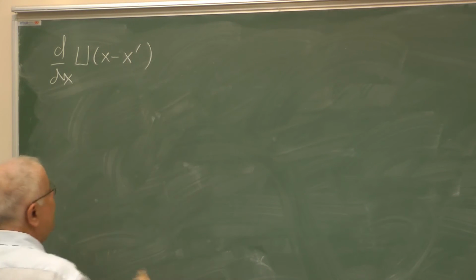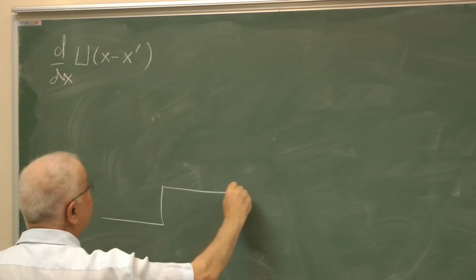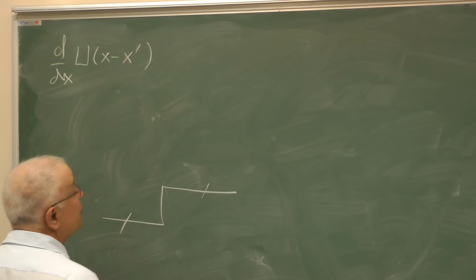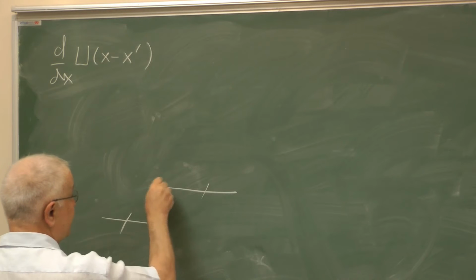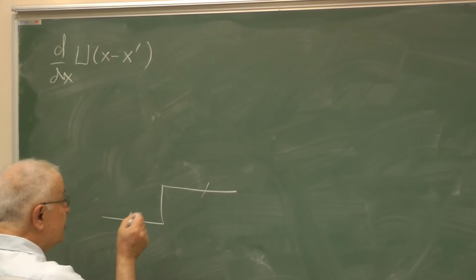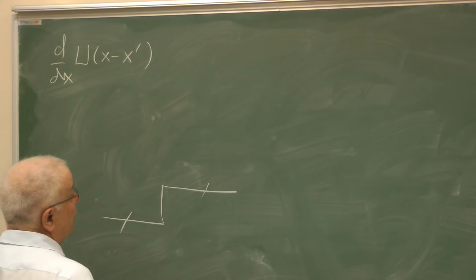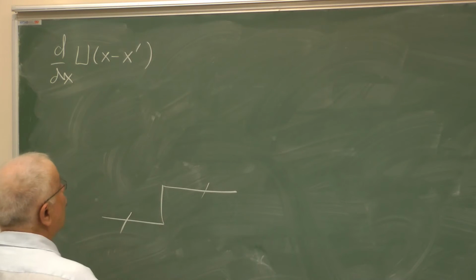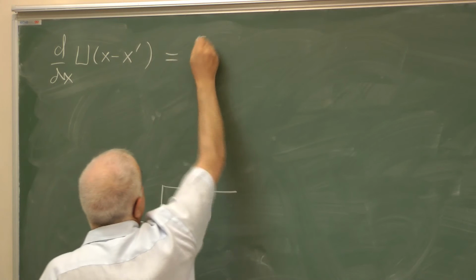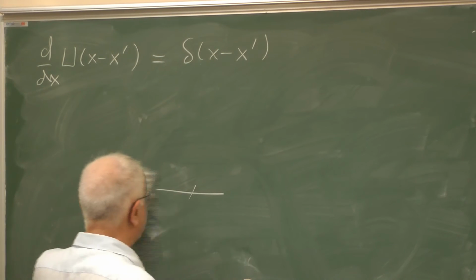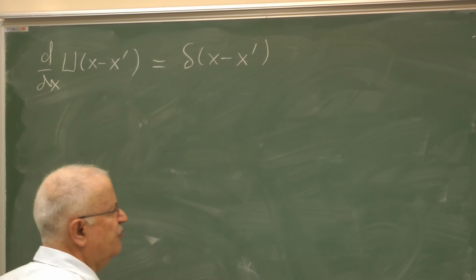When we differentiate it, you see something like this. The derivative is 0 here, the derivative is 0 here, and there is an infinitesimal region of infinite slope, but the jump overall is 1. So this is nothing but the Dirac delta function. This we will need in a moment.